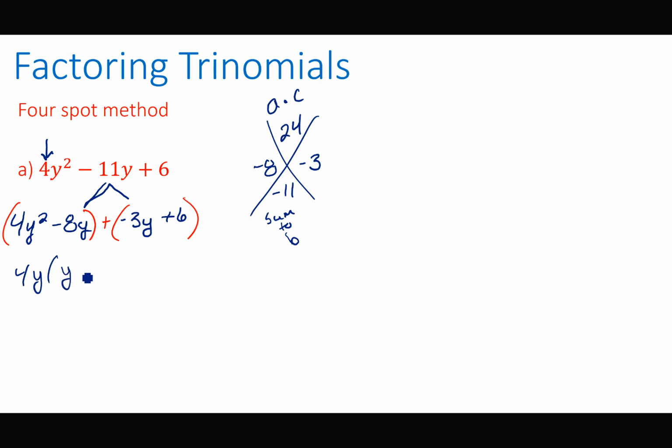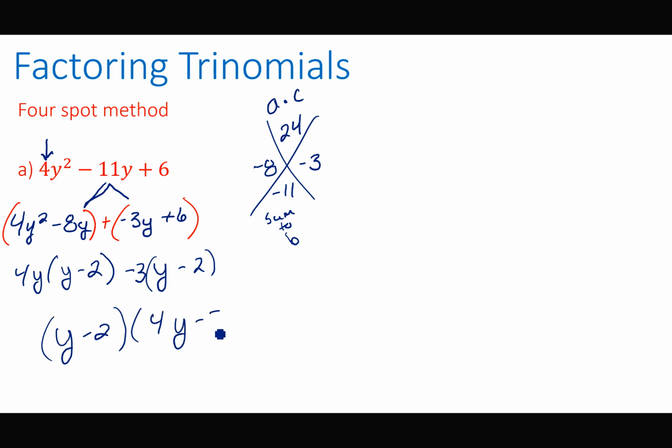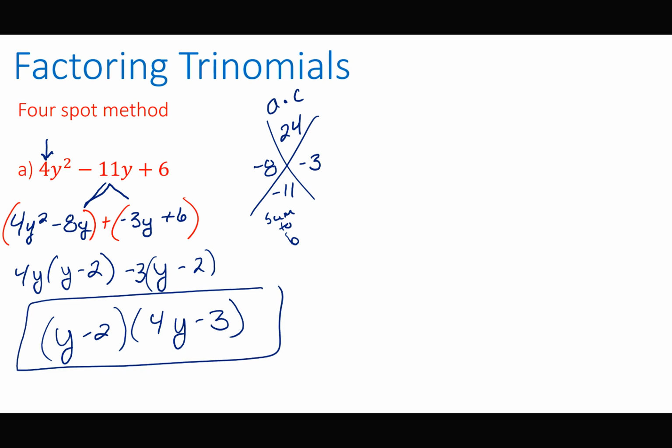And so that would be y minus 2. This is going to be y minus 2. So this had to be a negative 3. So my common factor is y minus 2. The other one is 4y minus 3. So this is factoring when your a is not 1. We need to go into that 4-spot method.